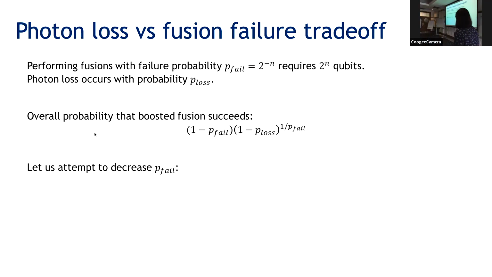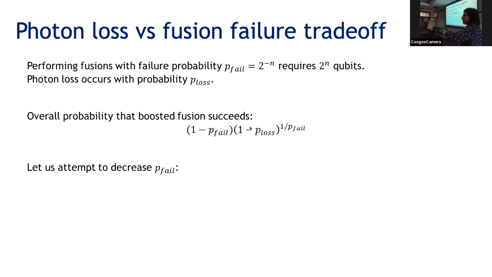So now the overall probability that a fusion actually succeeds depends on the inherent success rate, so that's 1 minus p fail, times the probability that no photon was actually lost. And using this relation, the formula for the probability that no photon was actually lost is here.